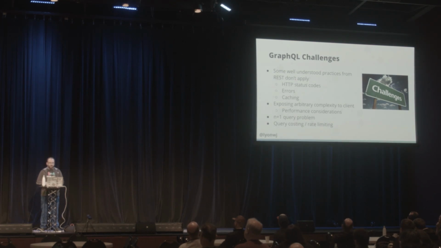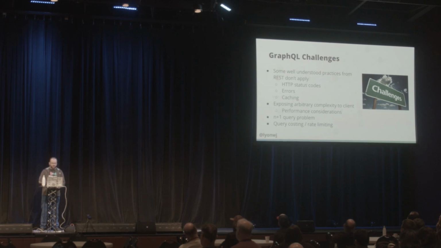But the other thing here is that we're always getting a 200 OK response, even if we had some errors for some of our fields. So error handling has to be handled differently. We can't use web caching the same way with GraphQL that we do in REST.